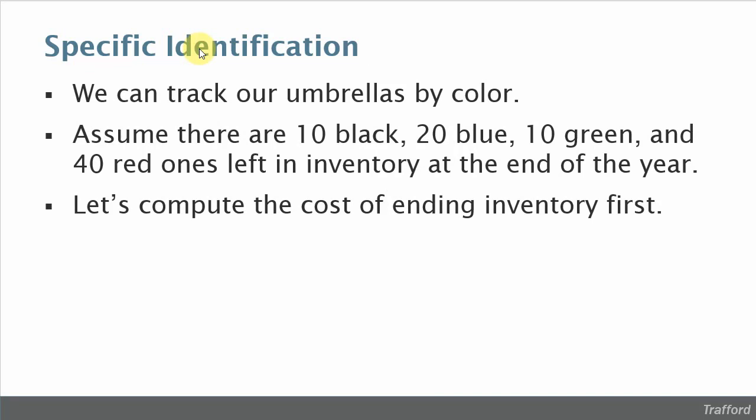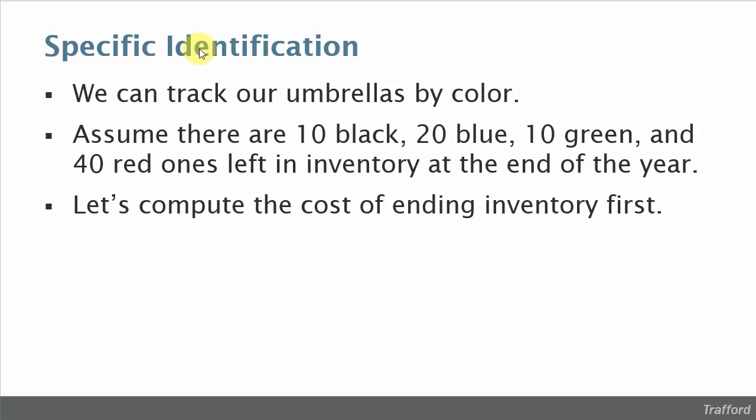Each time the cost of the umbrellas changed for Noah, the umbrellas were a different color. So Noah can identify the cost of every umbrella that he sold and that he has in inventory just by looking at what color they are. So what we're going to assume is that at the end of July, he's standing on the corner looking down, and what he has left is 10 black umbrellas, 20 blue, 10 green, and 40 red ones.